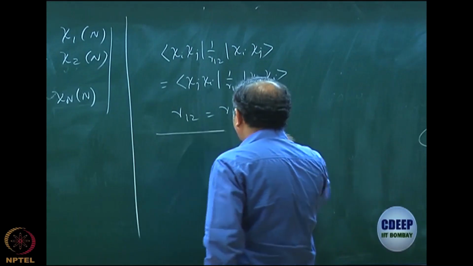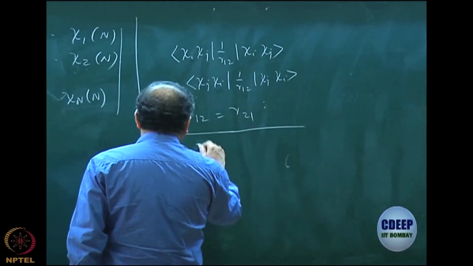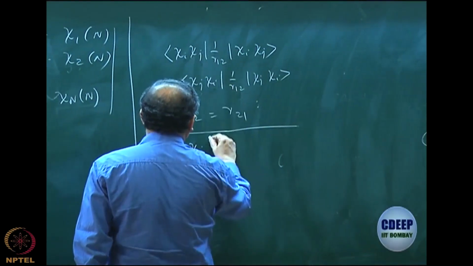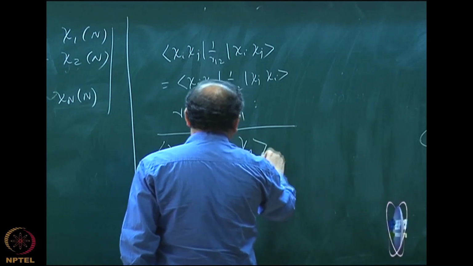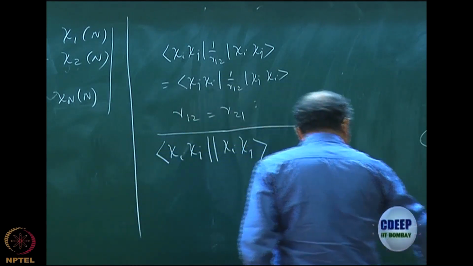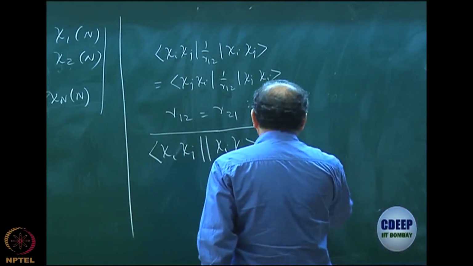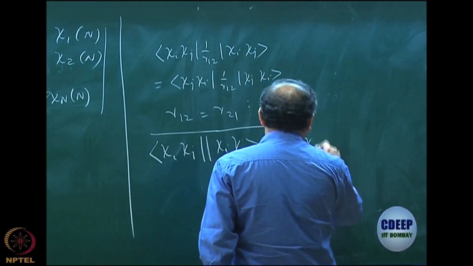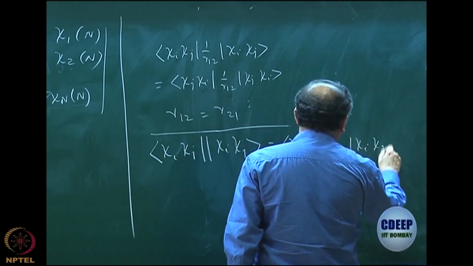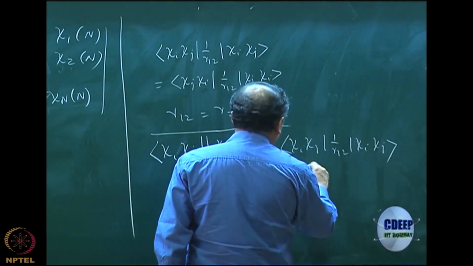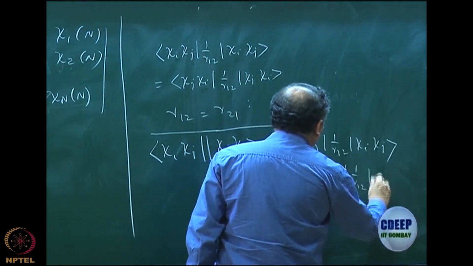Further, a technical term I am going to introduce. Chi i chi j, now I am not going to write 1 by R12. I will write a double bar, chi i chi j. I am introducing a term which will simplify the algebra later as chi i chi j 1 by R12 chi i chi j, which is the Coulomb integral, minus chi i chi j 1 by R12 chi j chi i.